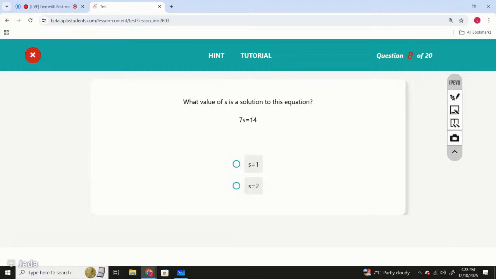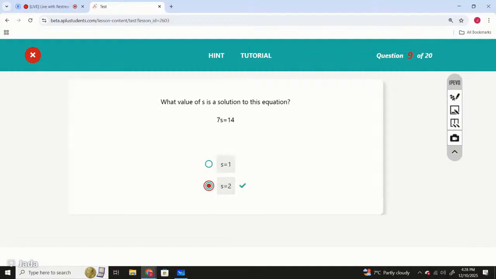That is 7s equals 14. 7 times 2 is 14. So s equals 2, option number 2 is the correct option.